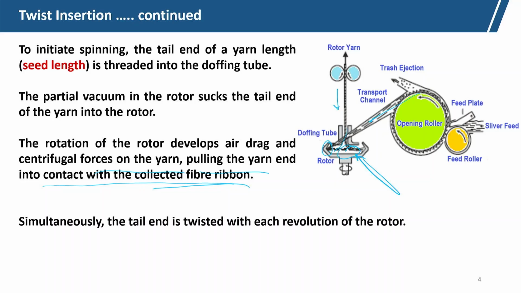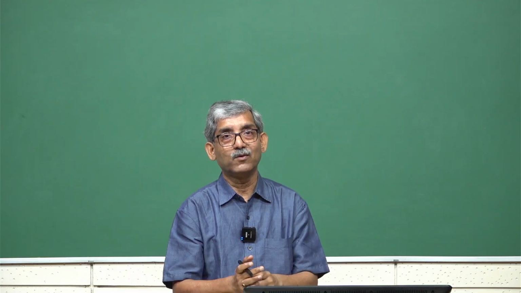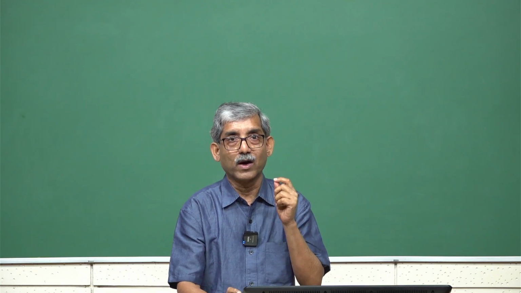Simultaneously, the tail end is twisted with each revolution of the rotor. Now, the yarn is being fed, the tail end has reached the rotor groove, and it will start rotating at the rotor speed. So, for each rotation the tail end will get one twist.